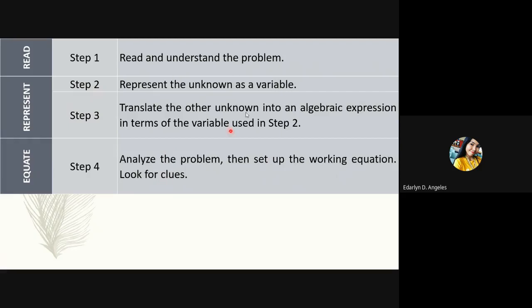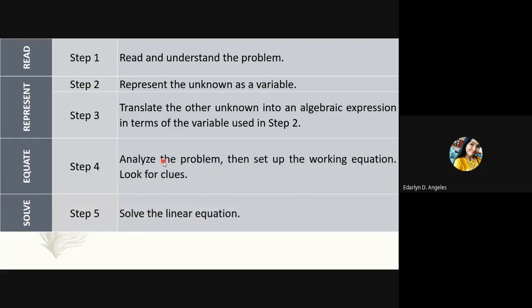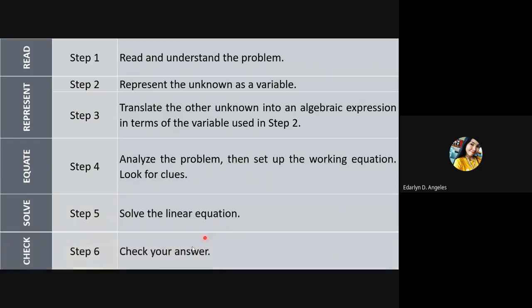So we need to look for the clues in the given problem. Step 5 is for us to solve. Since we have analyzed already and we have set up the working equation, we will now be able to solve the linear equation. And the last step is of course to verify or check our answer if it is correct or wrong.